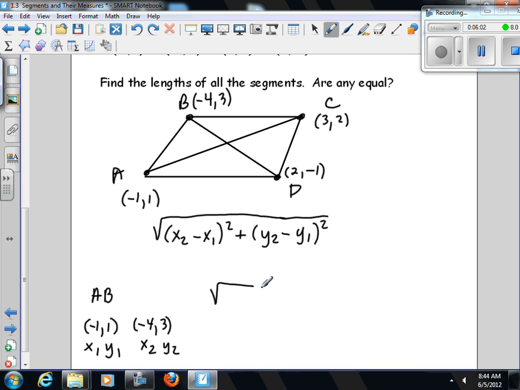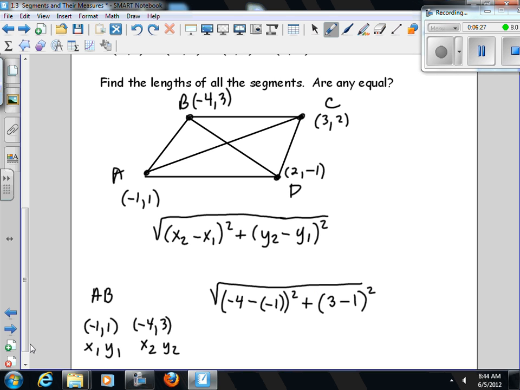Alright, so now let's plug those numbers into our formula. So x2 is -4 minus x1, which is -1. And we're going to have to square it. Plus y2, which is 3, minus y1, which is 1.